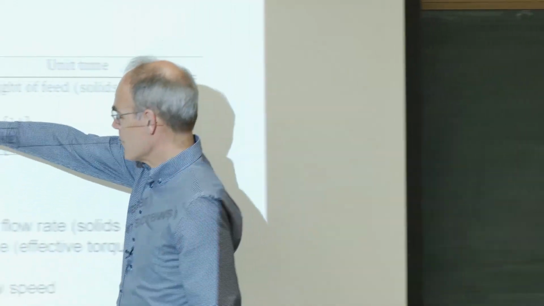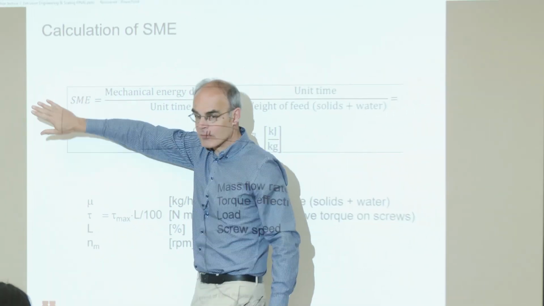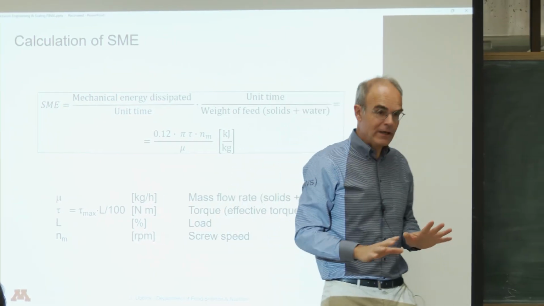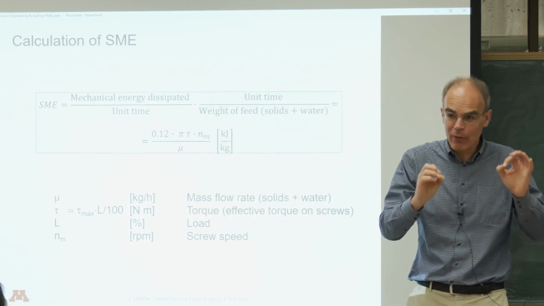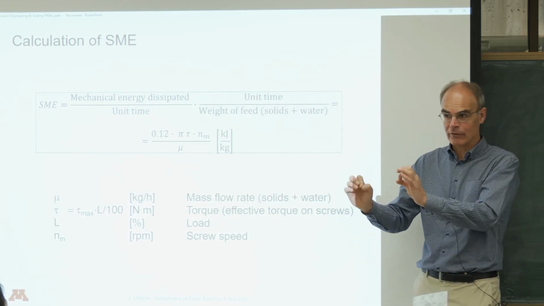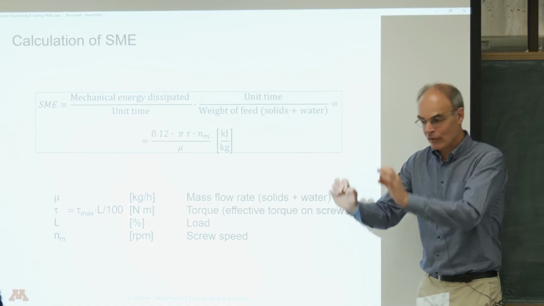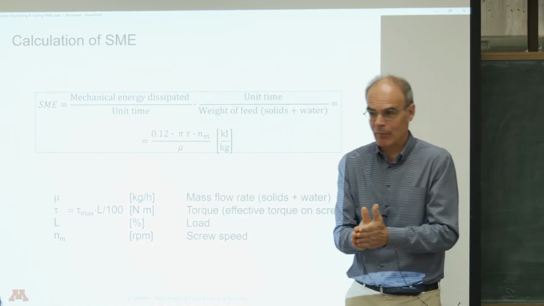So the specific mechanical energy, that SME, is a key parameter to conveniently quantify how effectively, how much am I shearing, am I mechanically transforming my component. Yeah? So it's a real measure of how much shearing I'm putting in.